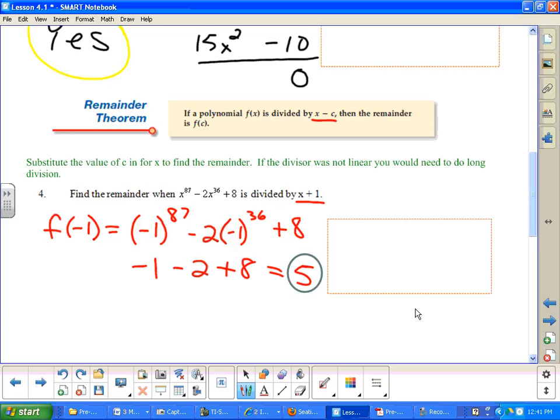So our remainder is 5. Well, what else does this mean? Okay, take your calculator for a second and put this, x to the 87th minus 2x to the 36th plus 8, in your y equals.